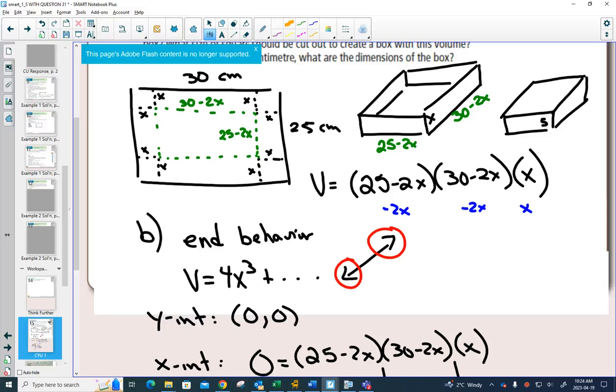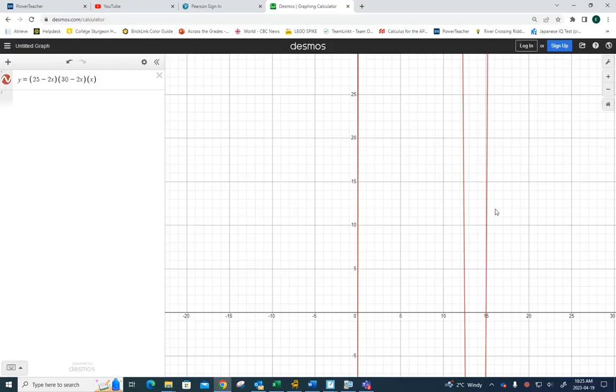If this is 5, then you're going to take 10 off of this side, it will be 15. You're going to take 10 off of that side, that's 20. 20 times 5 times 15 would give me 1,500. So I'm going to use that actual example to help me with my window.